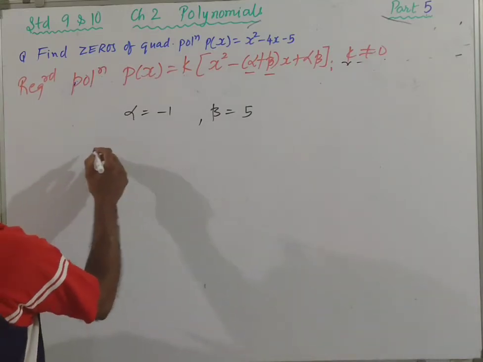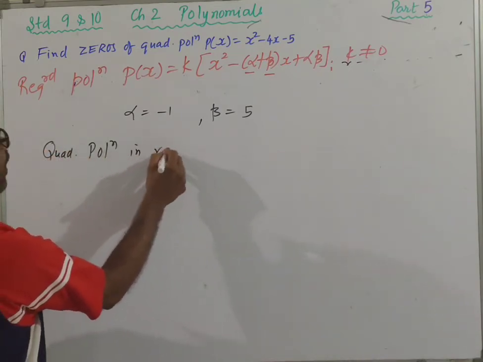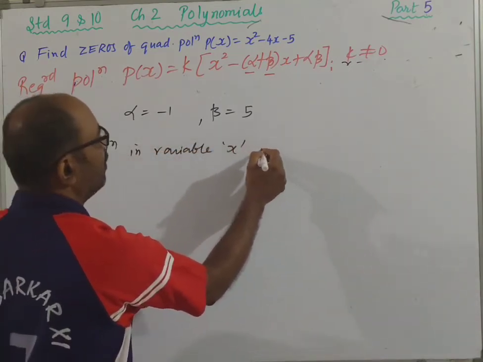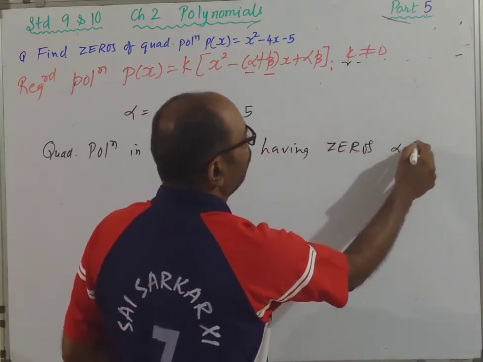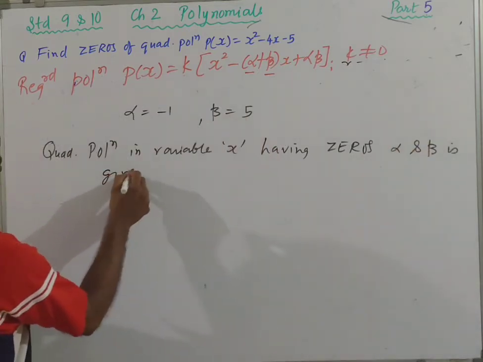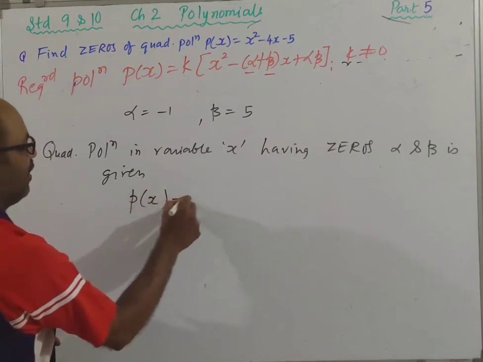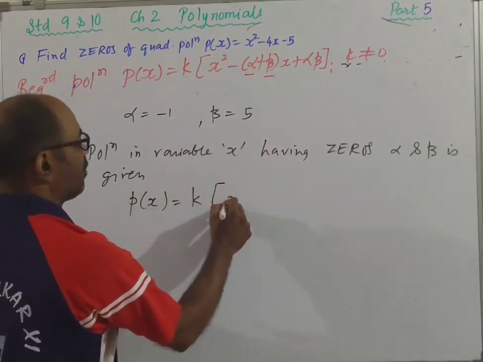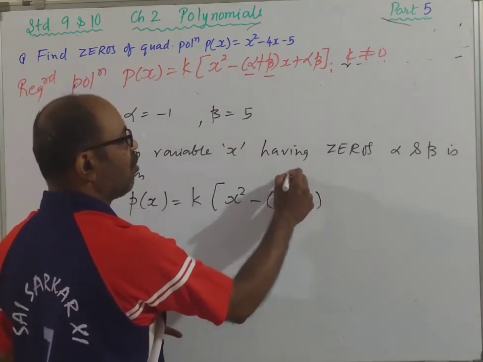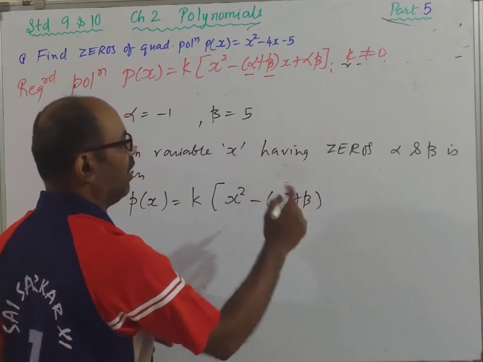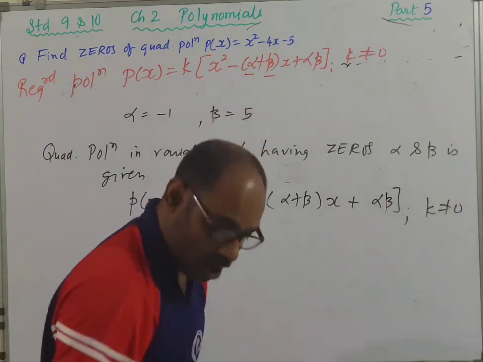A quadratic polynomial in variable x having zeros alpha and beta is given by, you will have to write this statement, p of x, the variable is x, that is k into x square minus the sum of zeros, which is the total of alpha and beta, this is called the sum of zeros, into x plus the product of zeros, where k is not equal to zero.